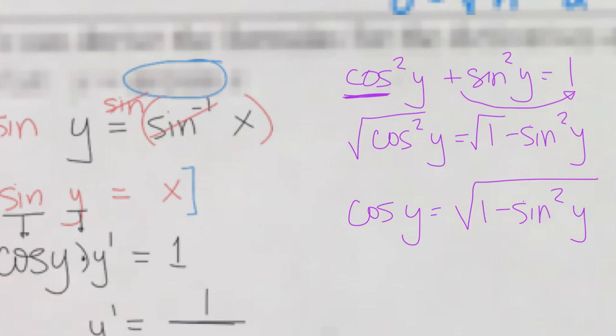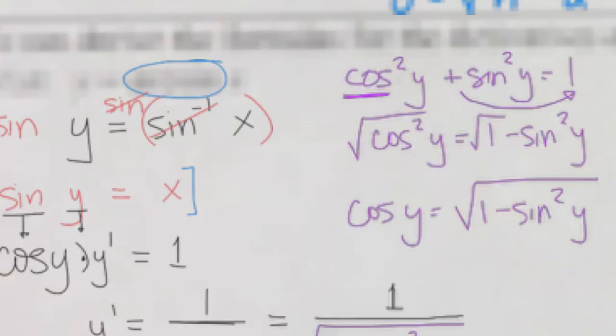Okay, so that's what we're going to do. We're going to put that down here in our denominator. We have just figured out what our cosine was. But we still have this tricky sine squared of y business. Right, we still have y there. So what else do we know about sine of y?